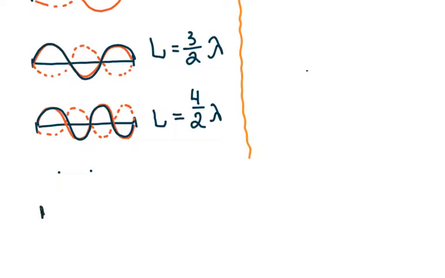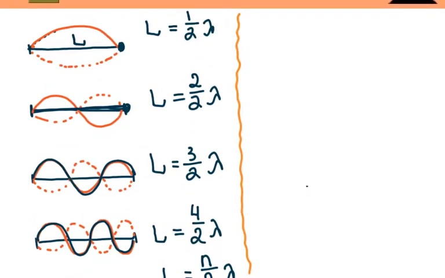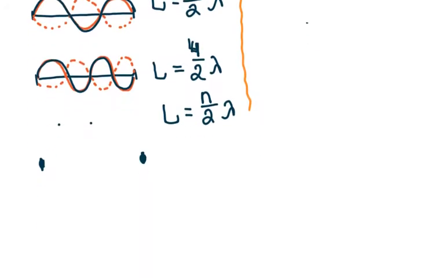If both sides of the wave are fixed, here is where the wave is produced, and here is where it's reflected. When both sides of my wave are fixed, L has the relationship n over 2 lambda, because n is 1, and then it's 2, and then it's 3, and then it's 4, and I can continue. It's going to be 5 and 6 and 7.